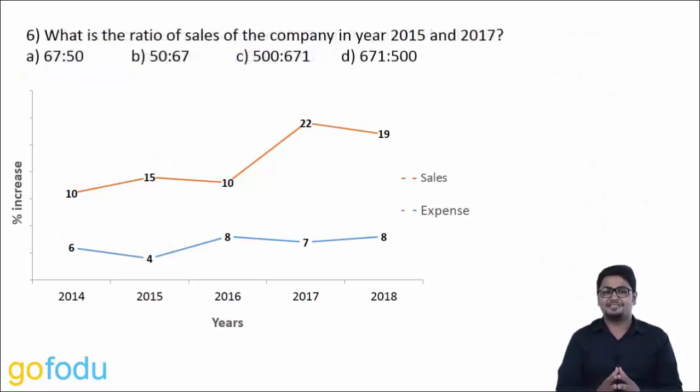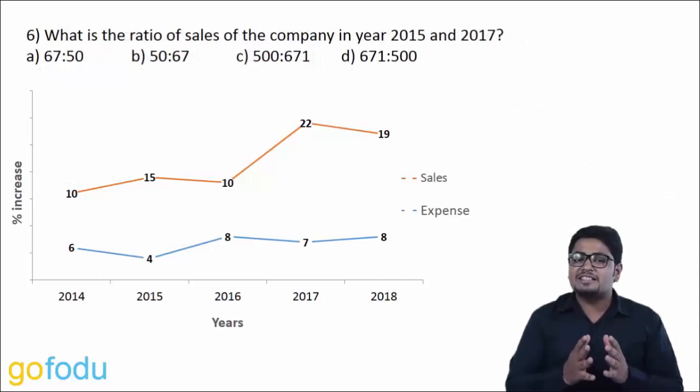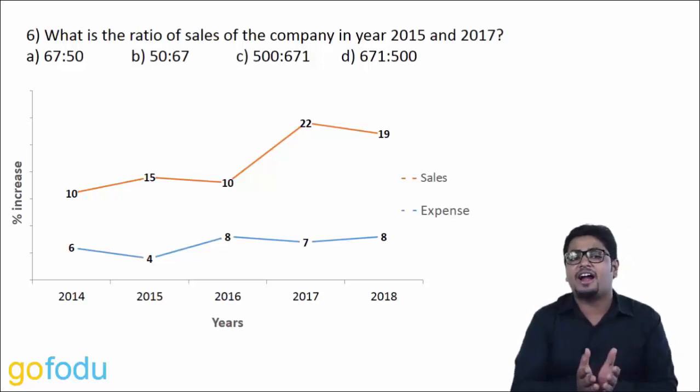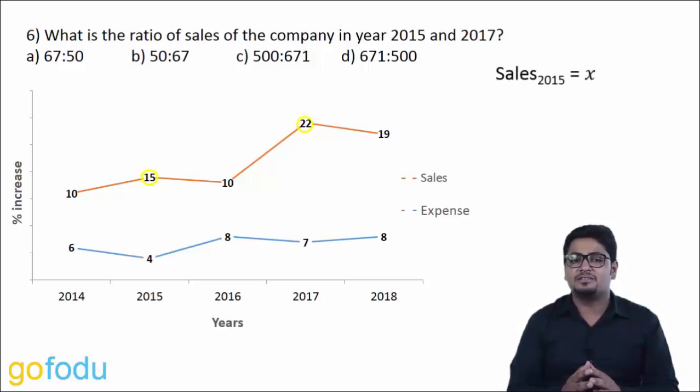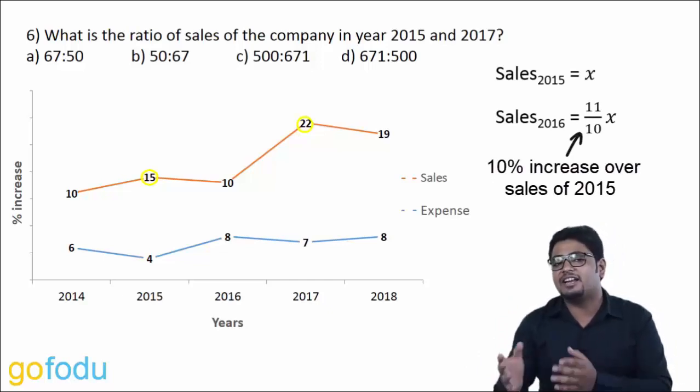Next, what is the ratio of sales of the company in year 2015 and 2017? Let the sales in 15 be equal to X. Sales in 2016 will be 11 by 10X.